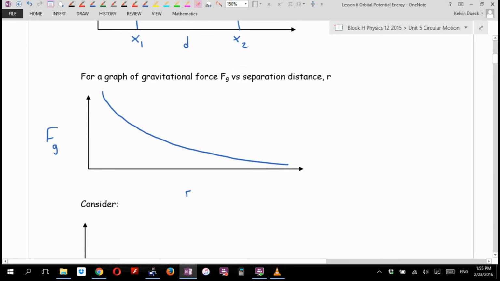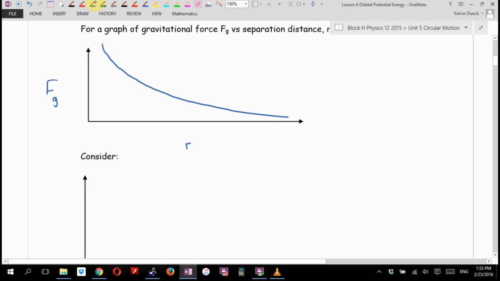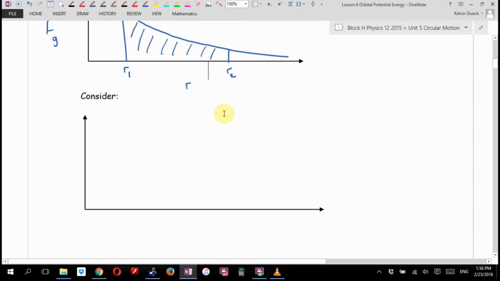Okay. So, if I have a position R1 and I have a position R2, that area there is going to be how much work it takes to move from R1 to R2. Consider. So here is a graph of gravity.